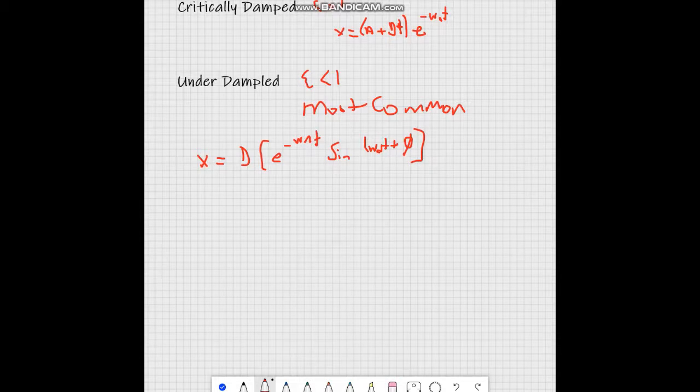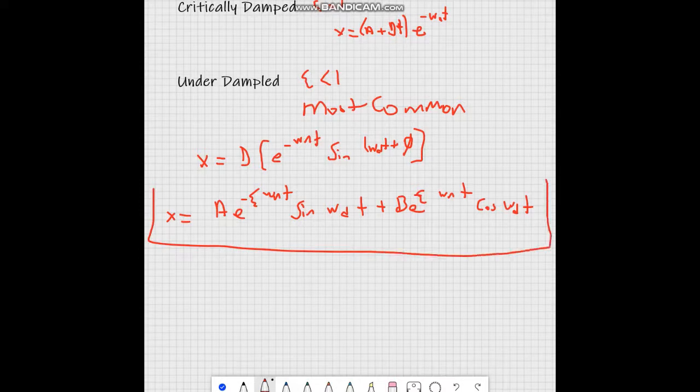If we want to write a longer format, it's going to be A multiplied by exponential minus psi natural frequency multiplied by time, sine of damped frequency multiplied by time, plus B exponential minus psi natural frequency multiplied by time, cosine of damped frequency multiplied by time.